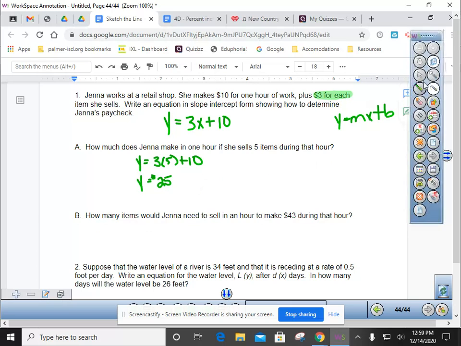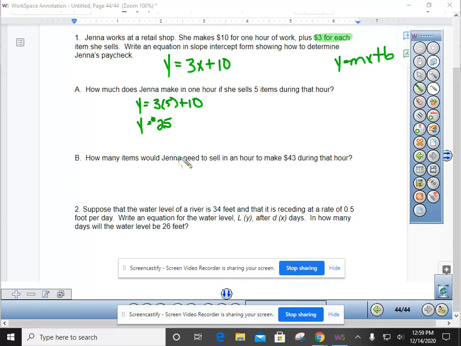And letter B. How many items would Jenna need to sell in an hour to make $43 during that hour? So now where does 43 go? At the Y. And then how do we solve that? Subtract 10. Good.